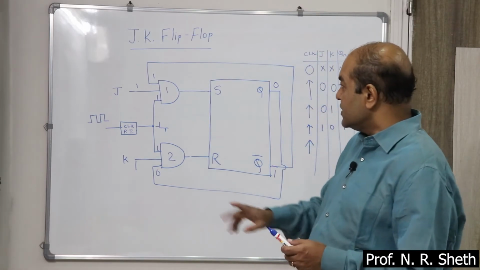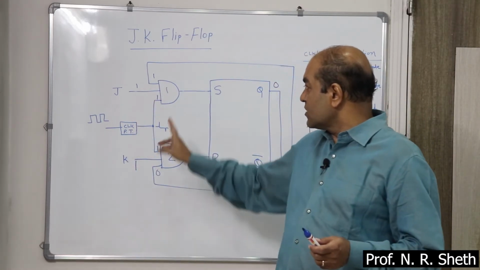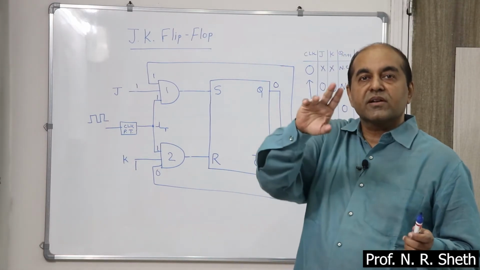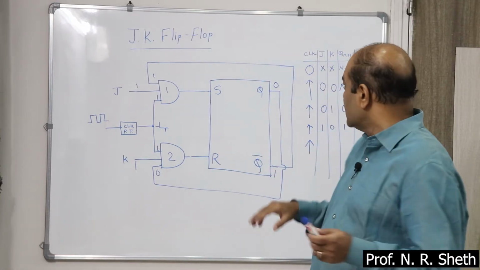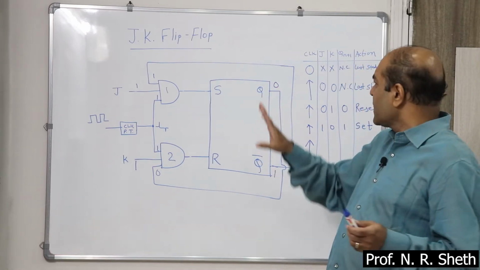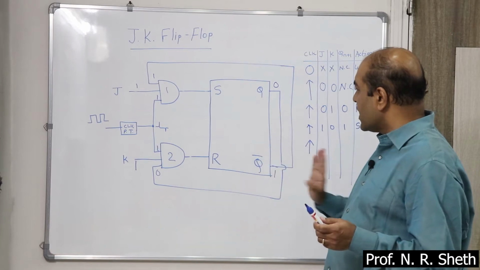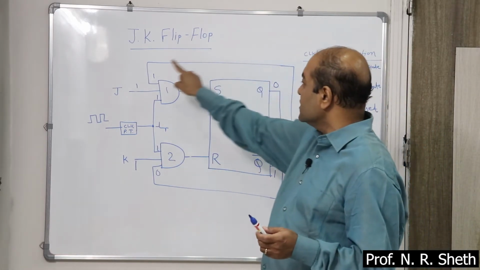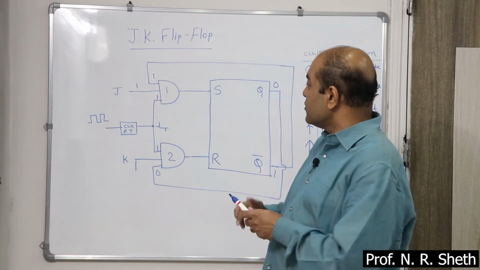Okay. J again, J is 1, K is 1, clock is high. Everything depends on the third input. Third input is connected with the output of circuit. So let's assume that initially Q is 0, Q bar is 1. So 0 is here, 1 is here. So these three inputs are high.